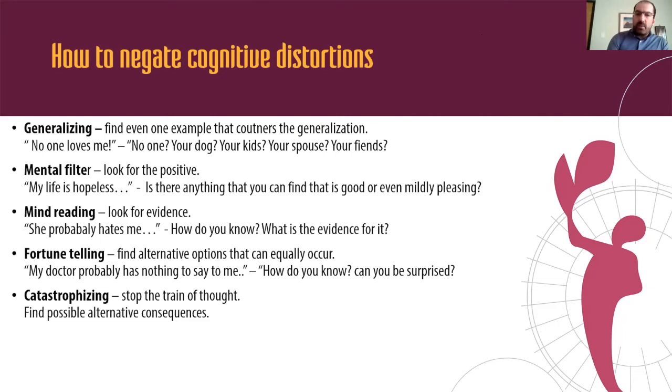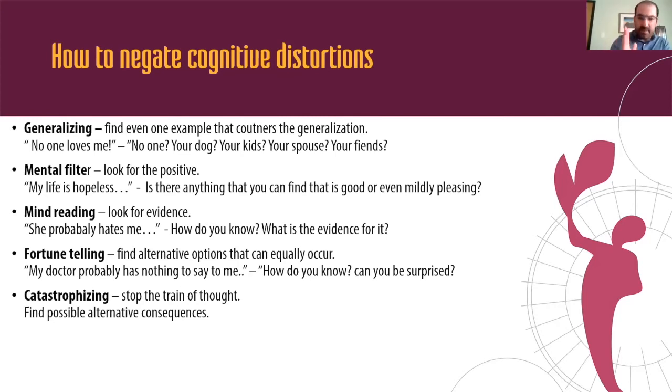When we hear a generalization like no one, everyone, all the time, we can work with that if we find even one example that counters that generalization. For example, if I think something like, "no one loves me" or "no one cares about me," it's going and asking, is it really no one?